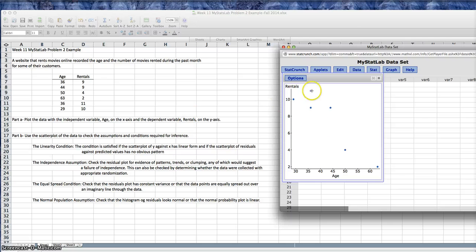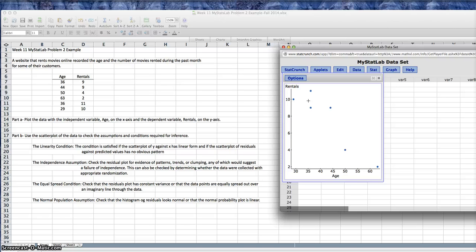Well, here's our scatter plot, and we can pretty much draw a line right straight through there. So looking at the linearity condition, the answer would be yes. The plot appears to be straight, so that condition is satisfied.